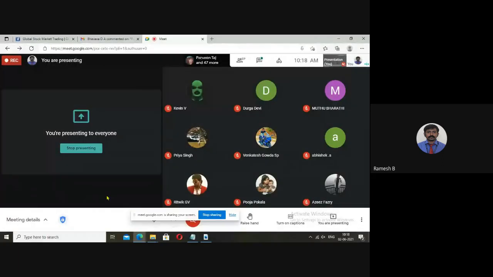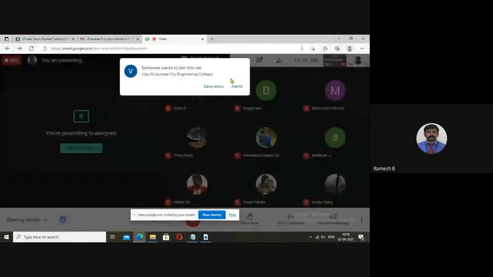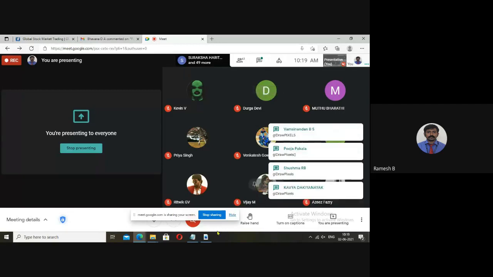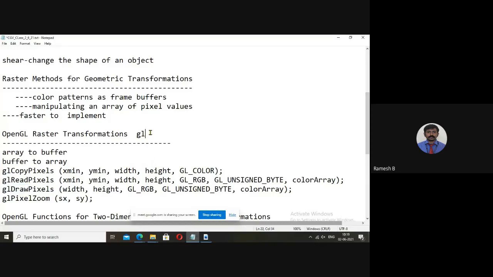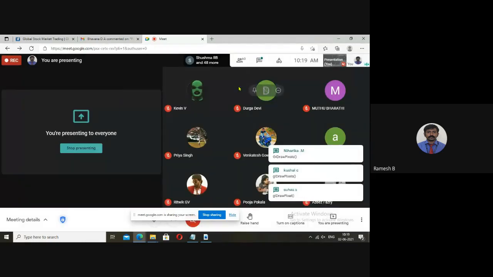GL draw pixels. D must be capital and P must be capital. Since it is a method or a function, you must write brackets.